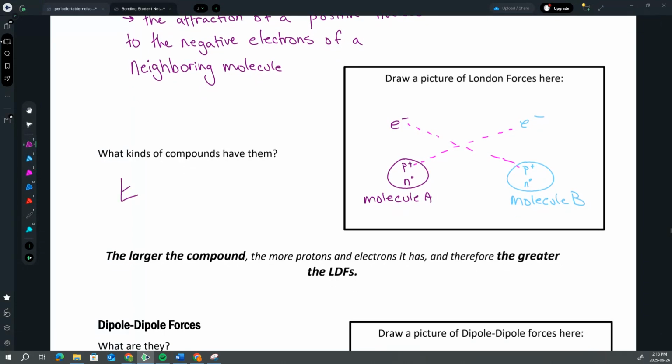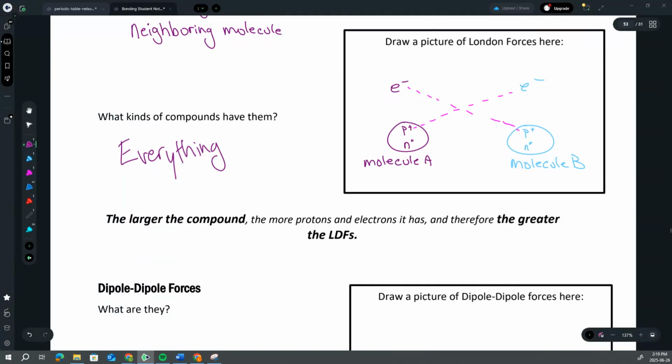Everything. Why? Because everything has protons, everything has electrons. So all compounds have protons, all compounds have electrons that make them up. Now, the larger the compound, that means there's going to be more protons and more electrons. Therefore, the more London dispersion forces it's going to have.